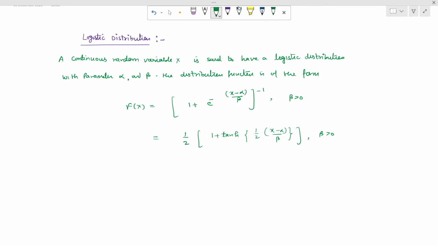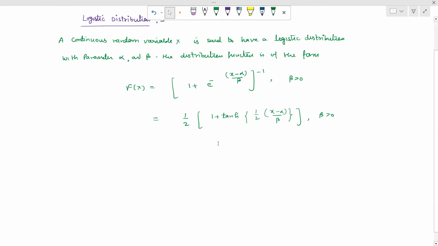So what are alpha and beta here? Alpha and beta basically define the shape of the distribution. These two parameters define the shape of the distribution.